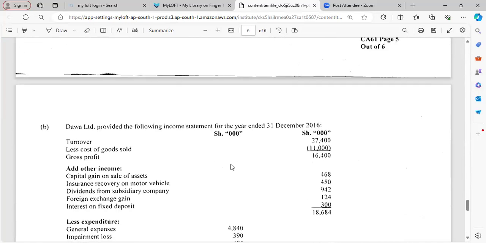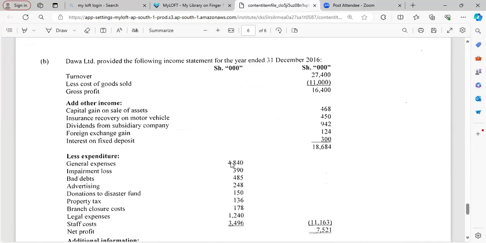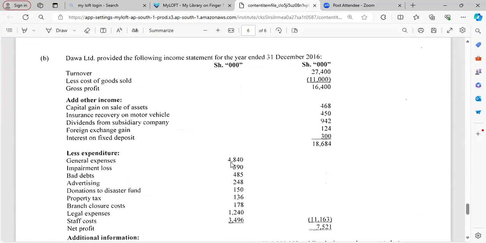Who is reading for us? Should be Dawa Limited. Someone to read for us, please.